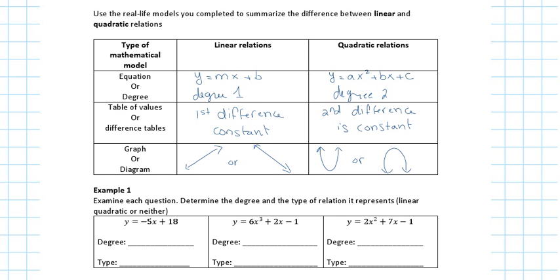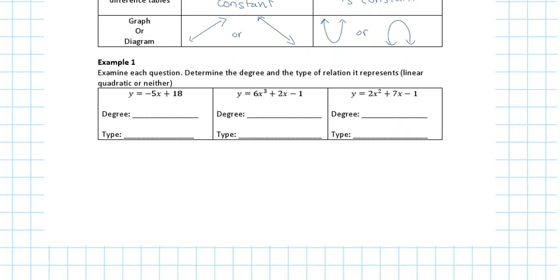So questions that I can ask you on a test or on a quiz could be like this. Examine each question, determine the degree and the type of relation it represents. That means, is it linear, is it quadratic, or is it neither? By looking at the first one, what can you tell me? Degree 1.